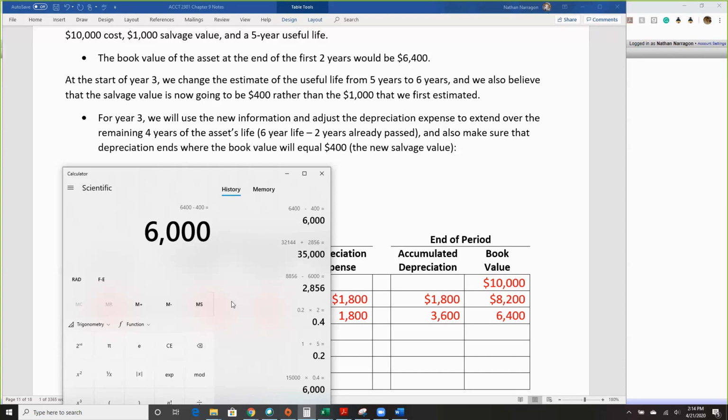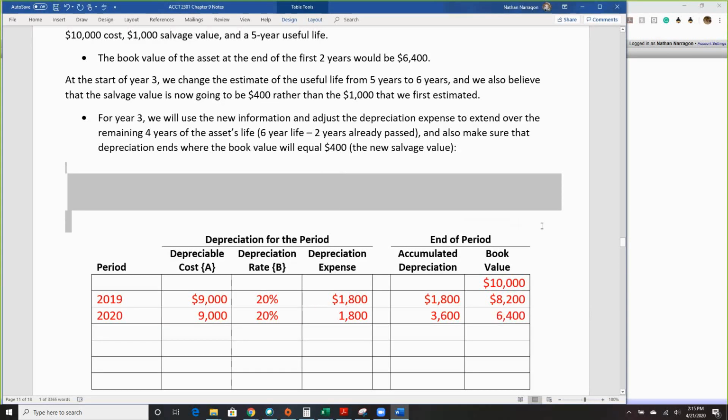When I take it and divide by useful life, even though the asset is now 6 years, we've already used 2 of those years. So we can only take by how many years are left. So 6 minus 2 gives us 4 years. So this would mean that depreciation expense, as this is a straight line, has now been changed to $1,500. Again, this is a formula that's going on.